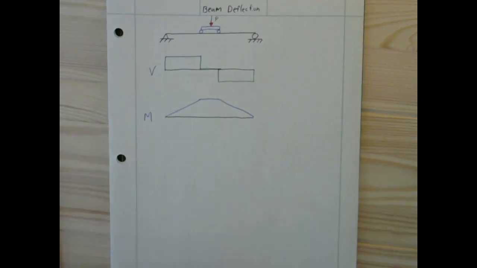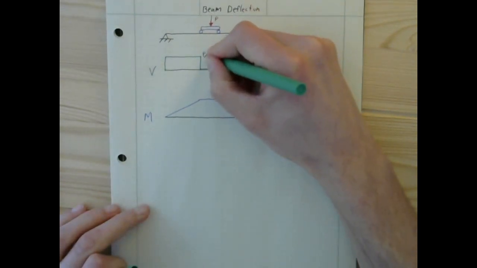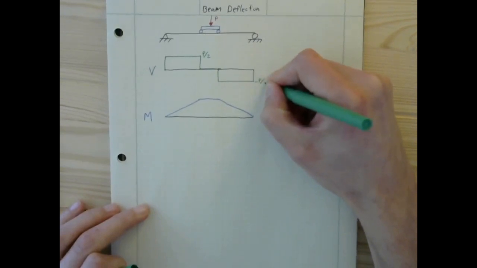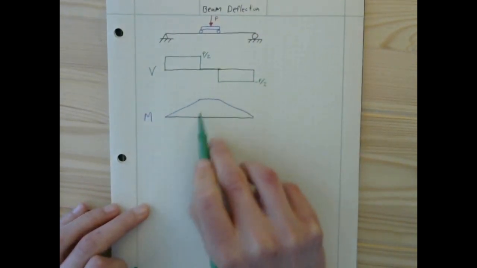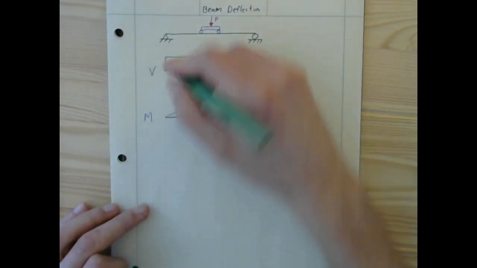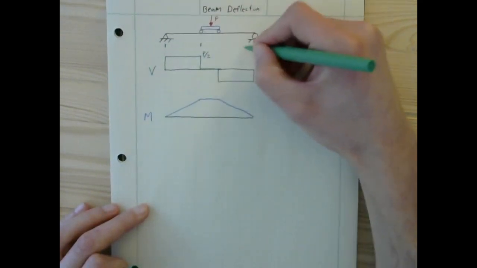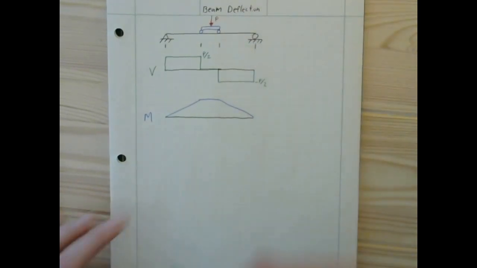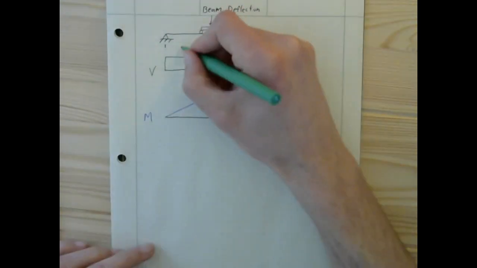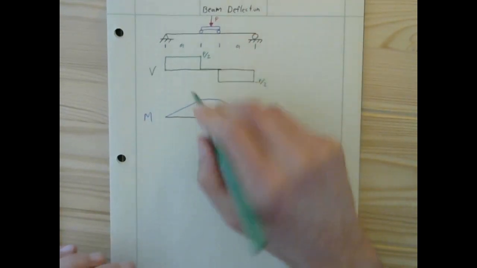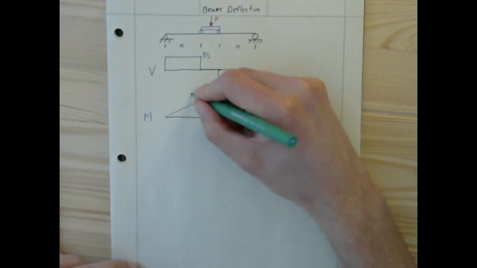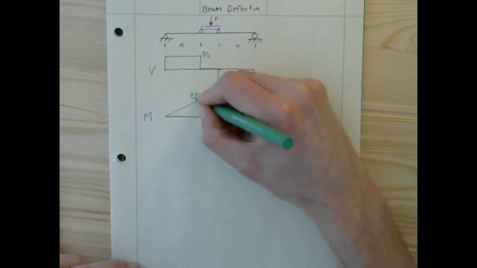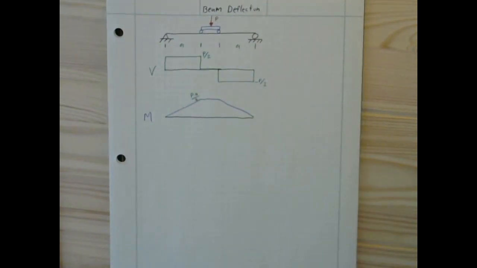So this is P over 2, and this is negative P over 2, and then this is going to be P over 2 times whatever this distance is. We'll call that A, and that also A. So then this becomes P A over 2. So that's our shear and bending moment diagrams.